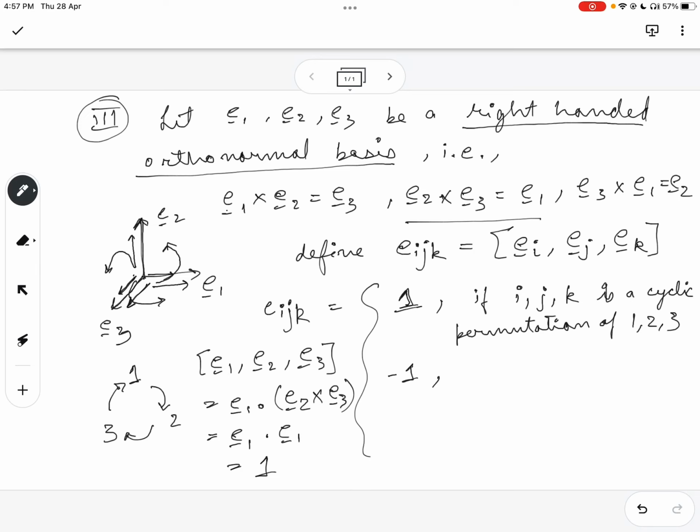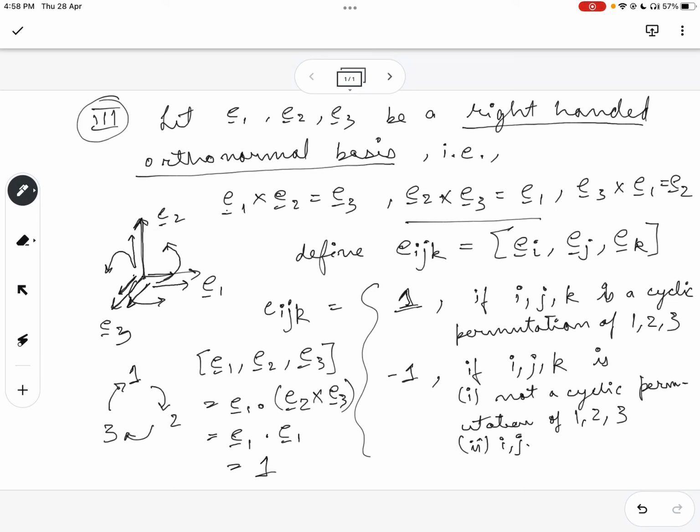Eijk is minus 1 if ijk is not a cyclic permutation of 1, 2, 3, and i, j, k are all different.